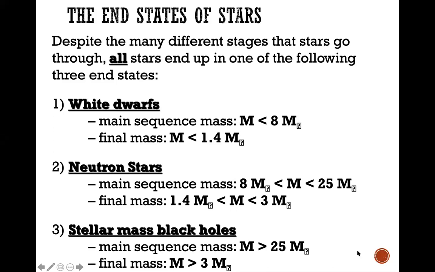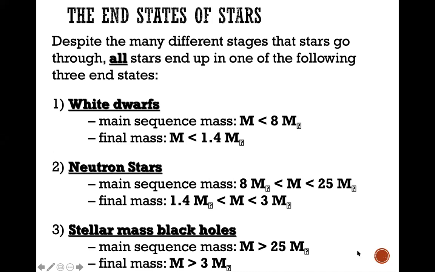The first one is the white dwarf. Stars that had a main sequence mass of less than 8 solar masses will become white dwarfs at the end. And when they become white dwarfs, their final mass will be less than 1.4 solar masses, right? So that is for white dwarfs.